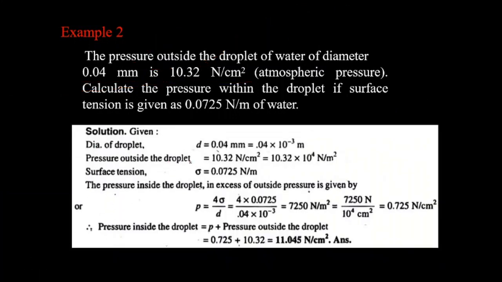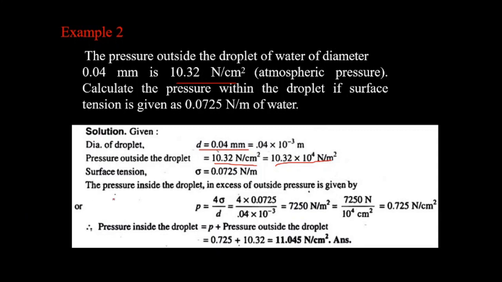See here, diameter of the droplet is given as 0.04 mm. Pressure outside the droplet is 10.32 Newton per centimeter square, that is 10.32 into 10 power 4 Newton per meter square. We have a formula for pressure inside the droplet, but the given is outside the droplet.